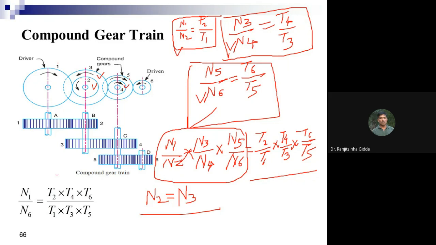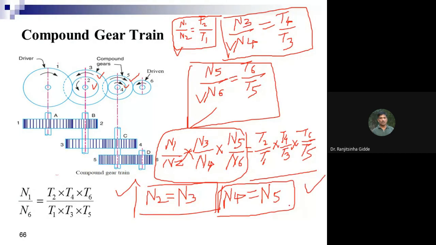The speed of gear number 4 and gear number 5 will be the same. So n4 and n5 will be the same. If this is the case, then this n2 and n3 will get cancelled, and this n4 and n5 will get cancelled.